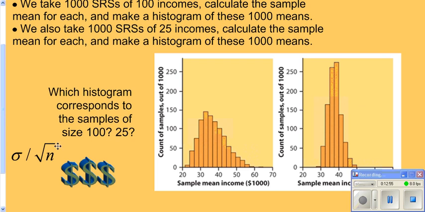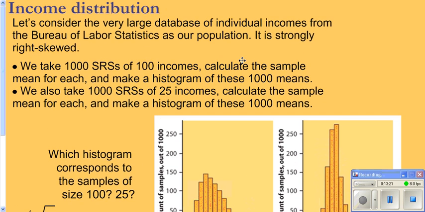And if we put it over the square root of n, putting the larger number on the bottom means we're going to get a smaller number out. So a larger sample size means we're not going to vary nearly as much, so that would be the one on the right. A smaller sample size of 25 would be this one here. Yes, it's still somewhat skewed, but a lot more normal looking than it was before, and not nearly as spread out as the other one. Even though your original histogram would be strongly skewed to the right since you're dealing with income.